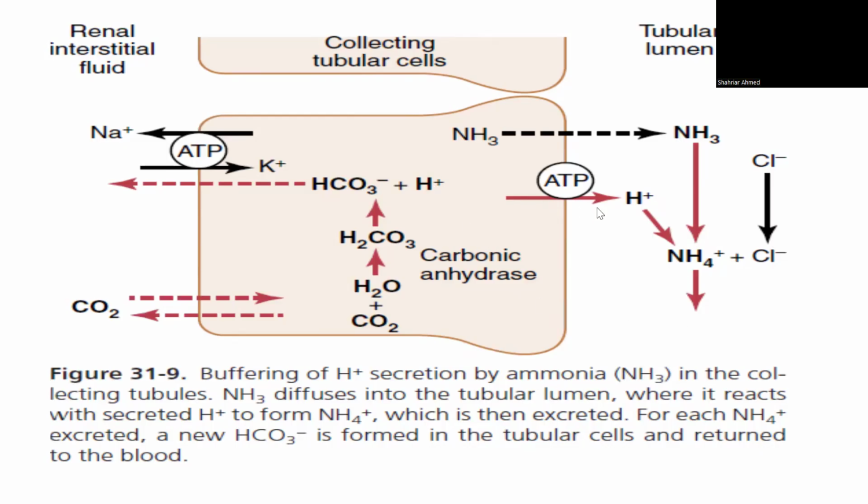This hydrogen ion comes from the breakdown of carbonic acid by carbonic anhydrase, which was produced by the carbon dioxide and water reaction. So hydrogen is secreted and the bicarbonate that was produced in the cell is reabsorbed into the blood.